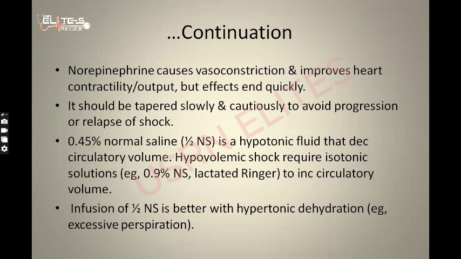Okay, you don't stop abruptly, because when you stop them abruptly, you end up causing a rebound effect. It's like you're going to have a sharp decrease in blood pressure again and the rest. So you'll have to take your time.